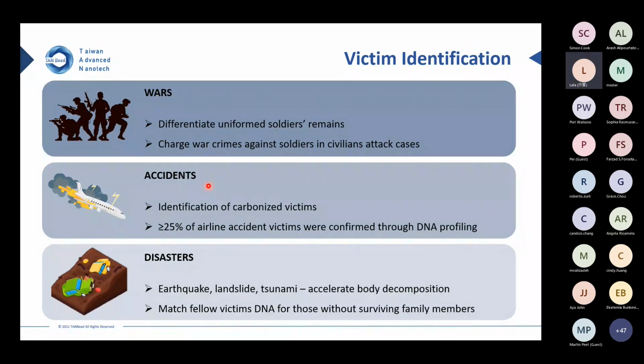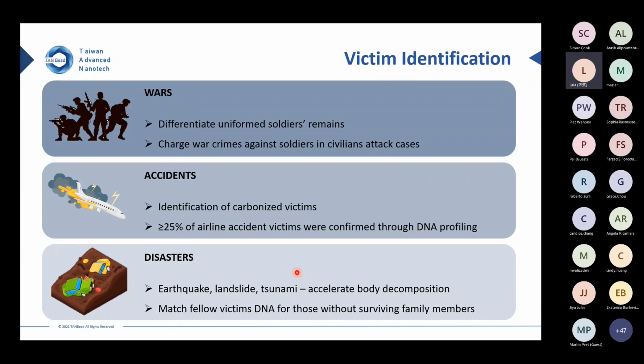Now, if they do crash into a residential area, then we'll be looking at them like victims of disasters. So victims of disasters like earthquake, landslide, or tsunami, they might be buried on earth for a few days, or they might be drowned on water or other environmental conditions that might accelerate the body decomposition.